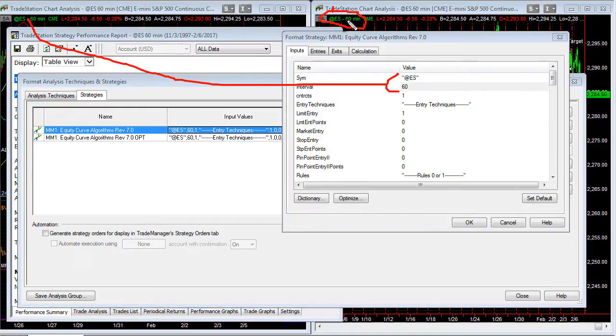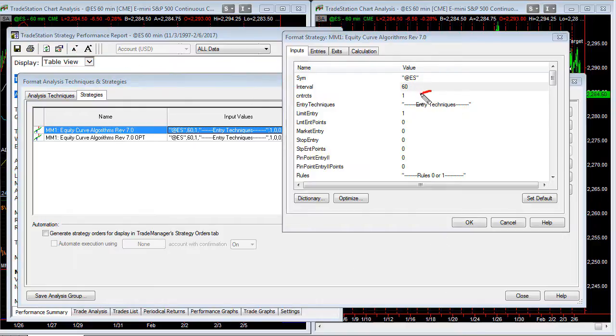You can gain more accuracy in your testing if you go down to 1 minute charts. And so in this setup, we have the same symbol and same interval. And the main point to know about this is that these two inputs, symbol and interval, must match what is over here, or you will get an ADE DLL error.